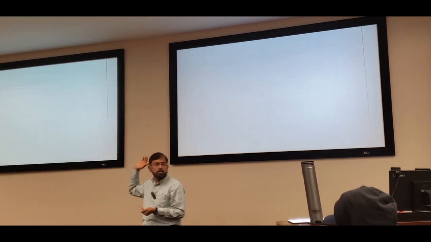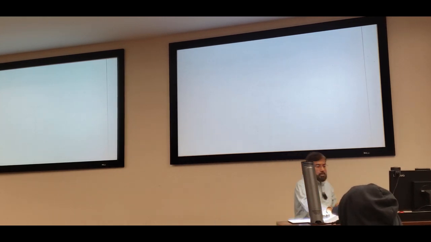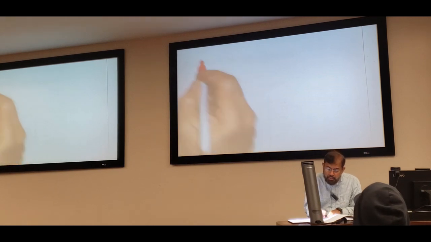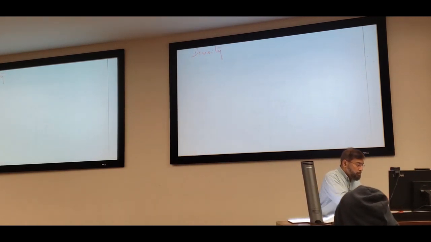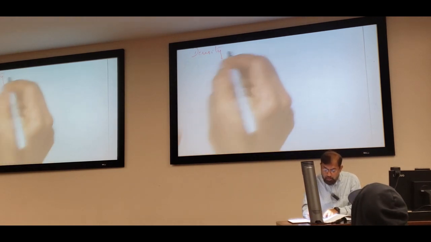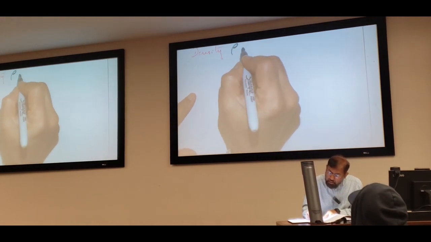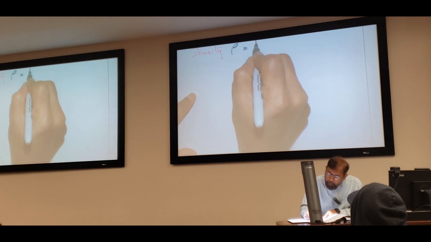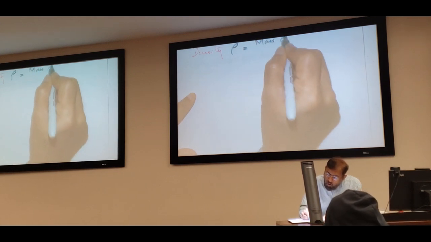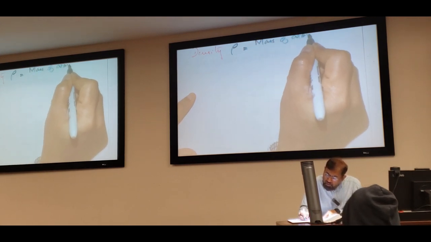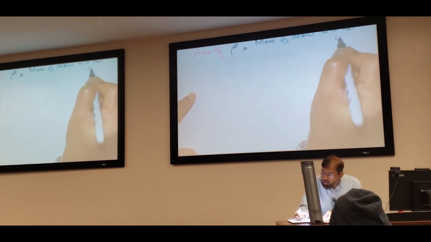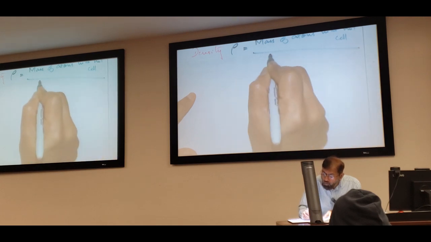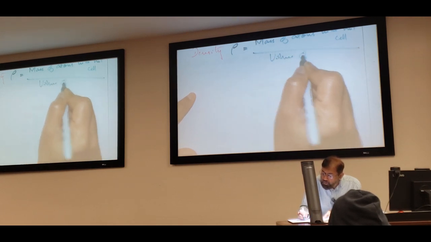So then, what should be the density? Theoretical density is equal to, density is typically represented by rho, the mass of atoms in the unit cell over the volume of the unit cell.